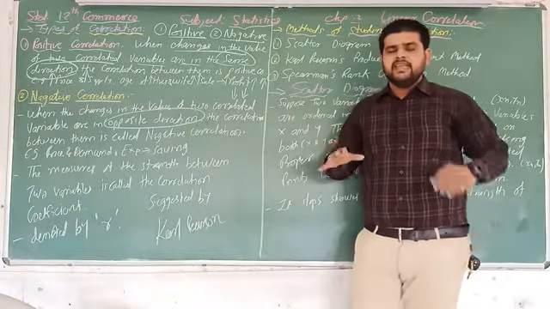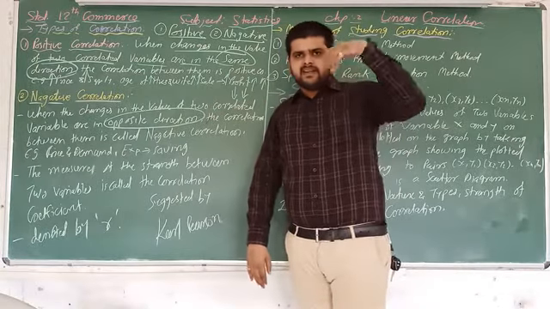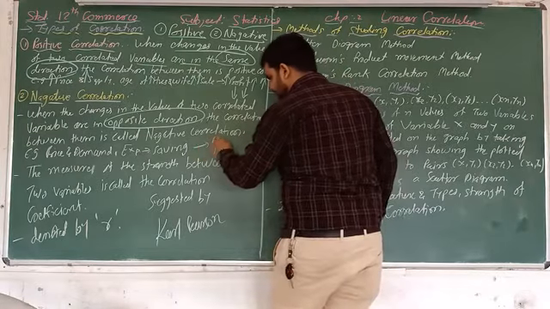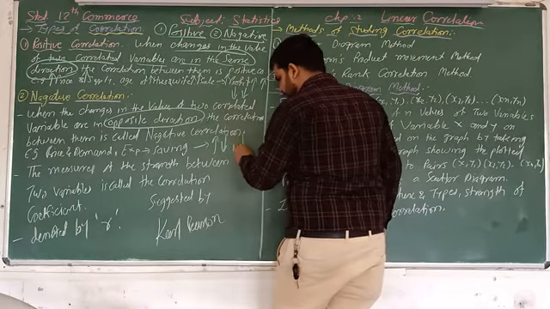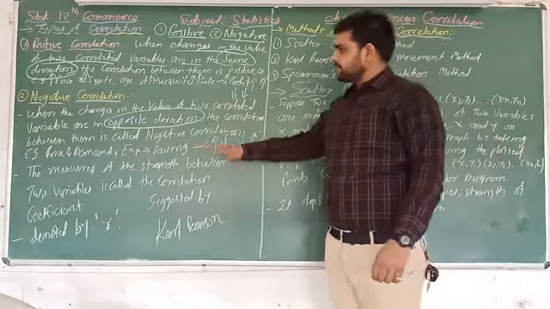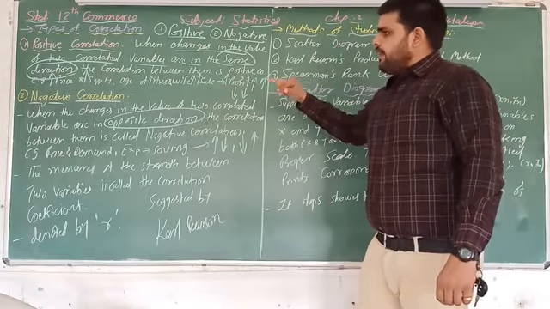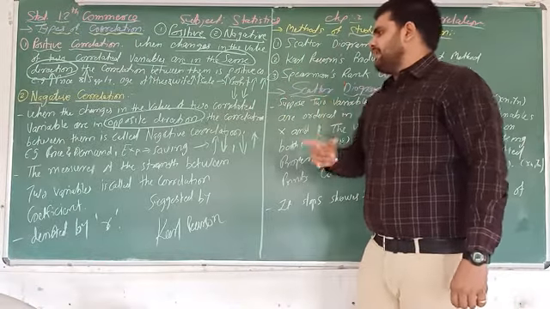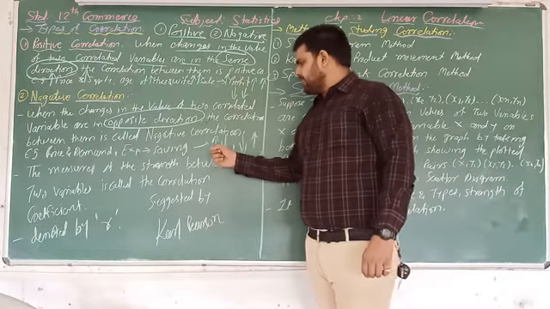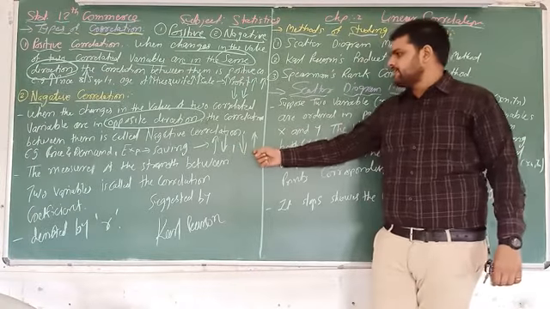It means that if one increases, the second decreases, or if one decreases, the second increases. Once again, when the changes in the values of two correlated variables are in opposite directions, the correlation between them is called negative correlation.